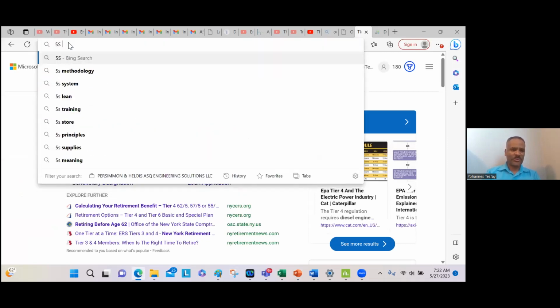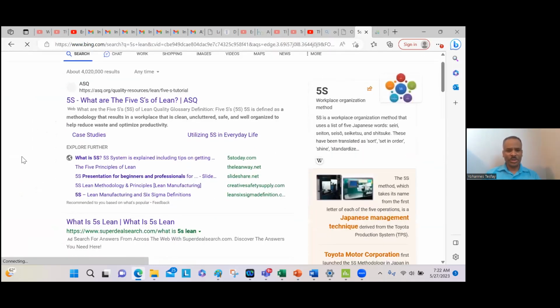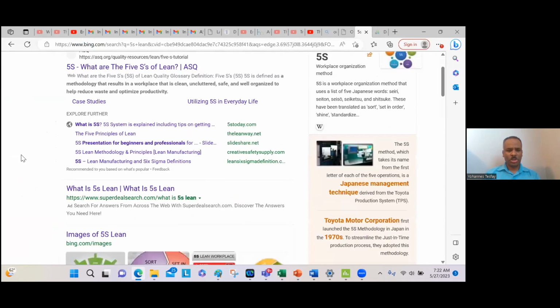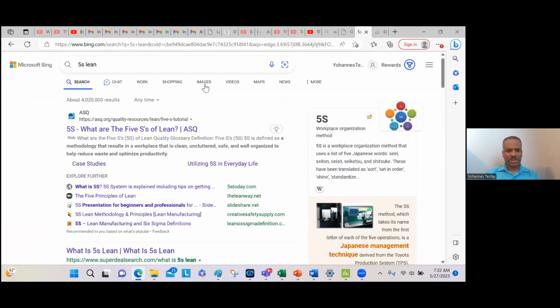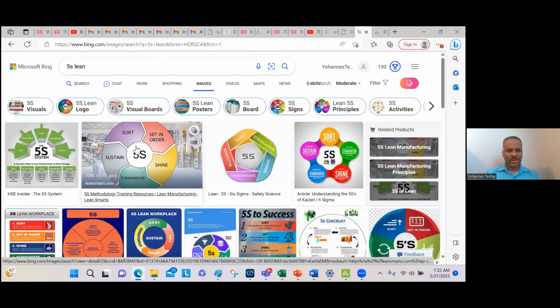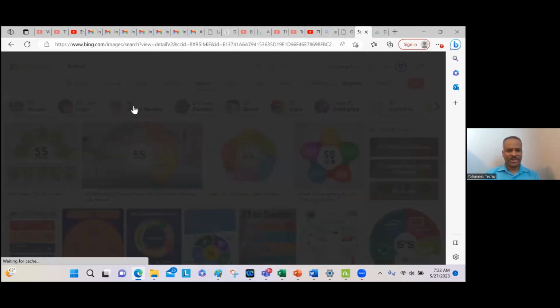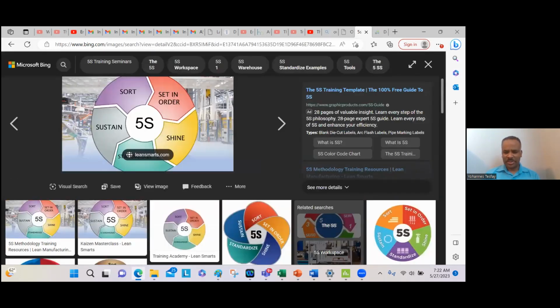Okay, 5S. It's a lean system. Let me look at some image here. What are the five S? The 5S principle.